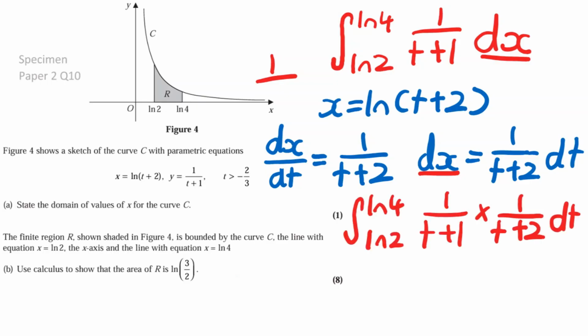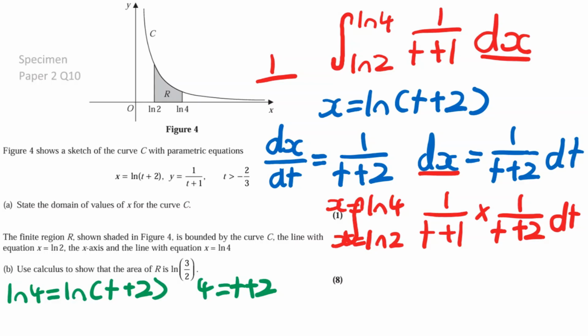And now we need to rewrite these limits here in terms of t, not x. At the moment both of these are in terms of x, so what we're going to do is sub them into this parametric equation here for x and then rearrange to find their corresponding t value. So if we start with the natural log of 4, it's going to be the natural log of 4 is equal to this natural log of t plus 2, so this means that 4 is equal to t plus 2.